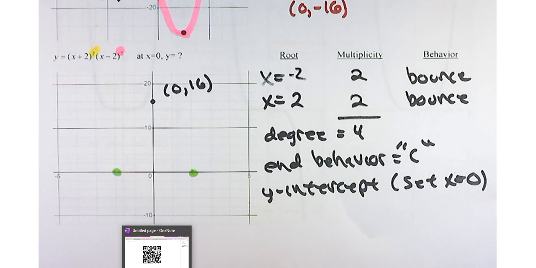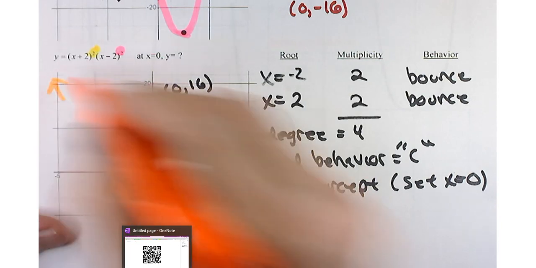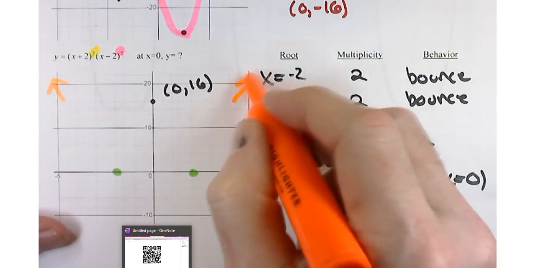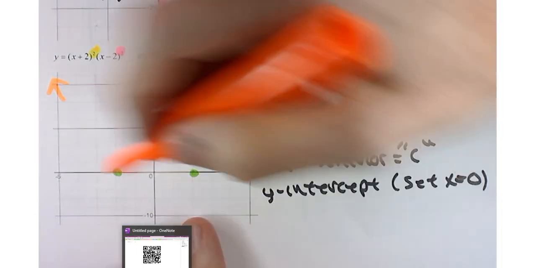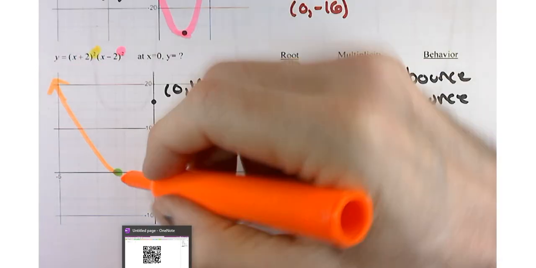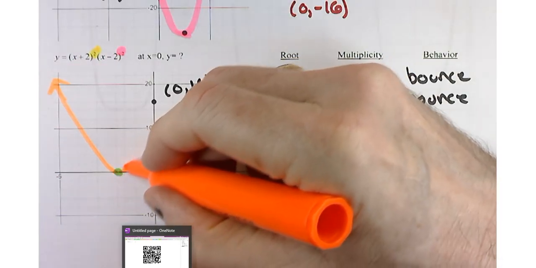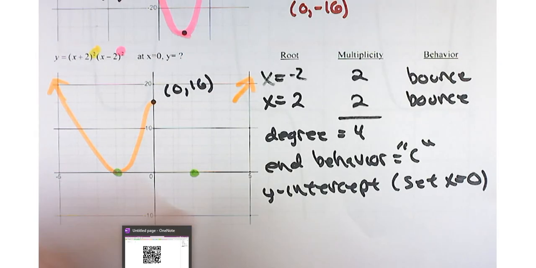I know the eventual end behavior of this graph. It's going to come up to the left and up to the right. That's eventually what this graph is going to have to do. As far as what happens in between, I'm going to get a bounce here. It's going to bounce up, touch the y-axis at 16.